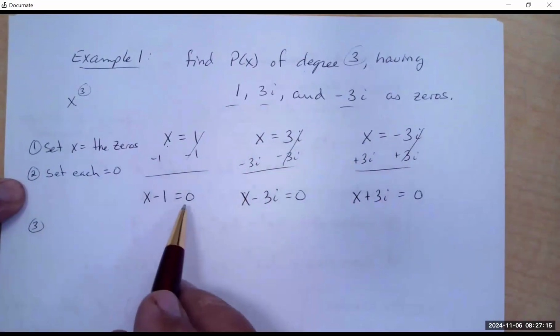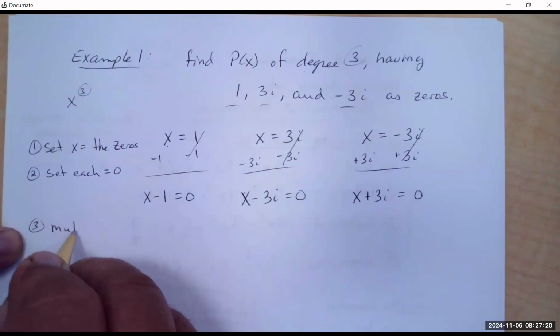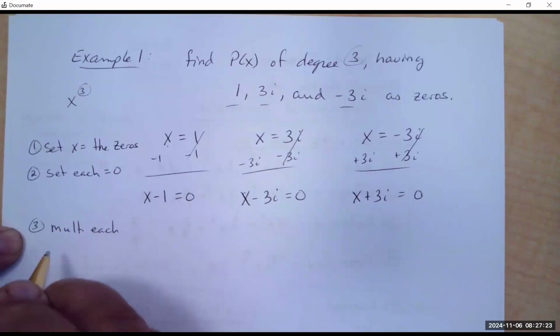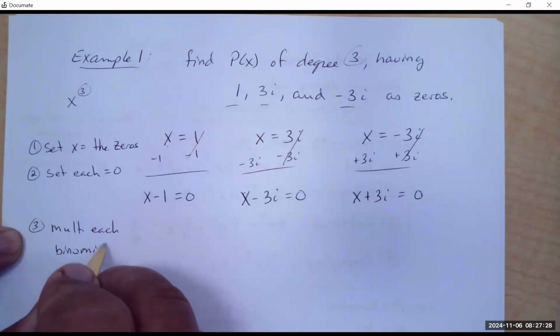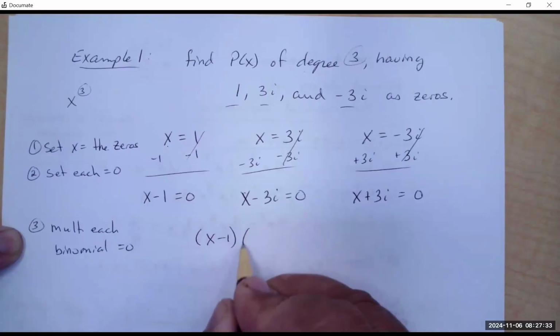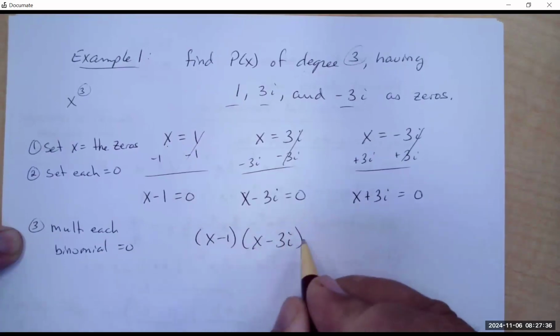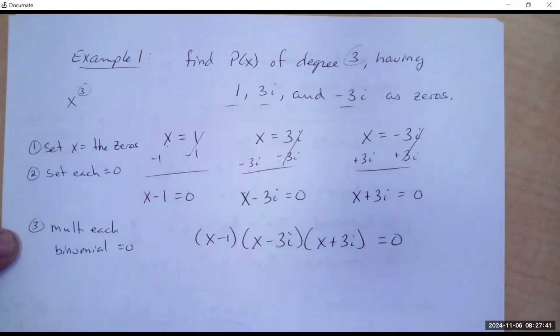Then we make these equations equal 0. Third, multiply each binomial. So we have x minus 1, x minus 3i, x plus 3i. That equals 0.